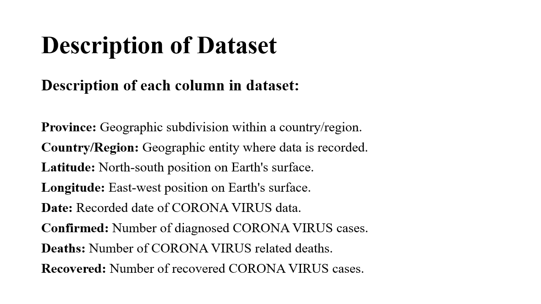And we have the date of the recorded data for the coronavirus. And we have the number of diagnosed coronavirus cases as confirmed. And we have the number of coronavirus related deaths as deaths, that's the death column. We have the number of recovered coronavirus cases as the recovered column in the data set.